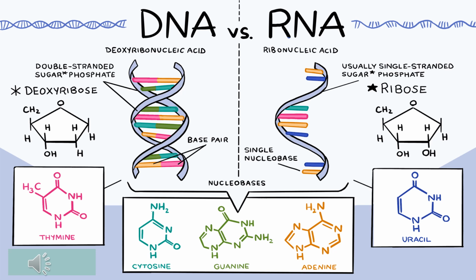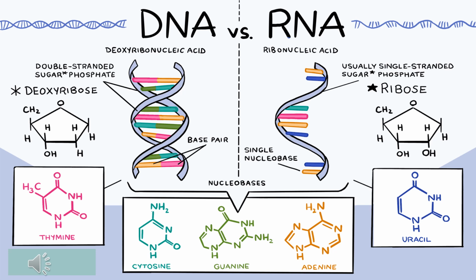Now, if we morphologically consider DNA and RNA, then DNA has a double helical structure. It is double-stranded in nature, while on the other hand, RNA is single-stranded. What do we mean by this? This means that DNA has two different strands that are bonded together through complementary base pairing.